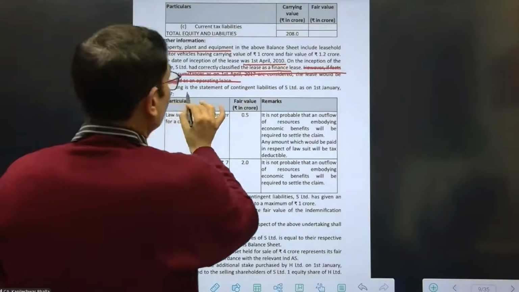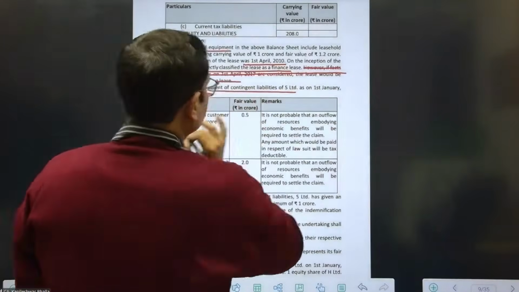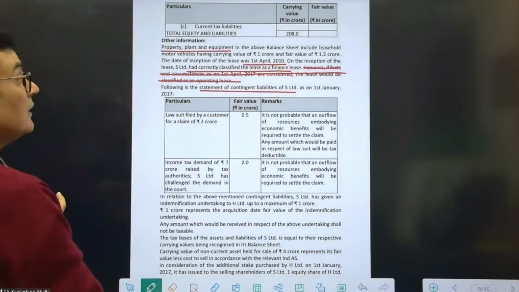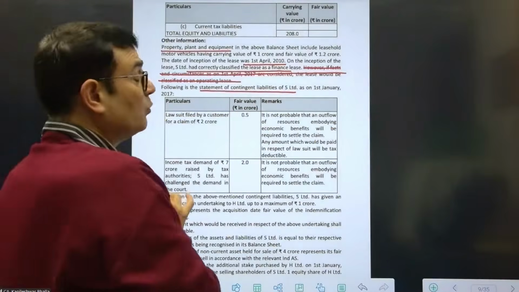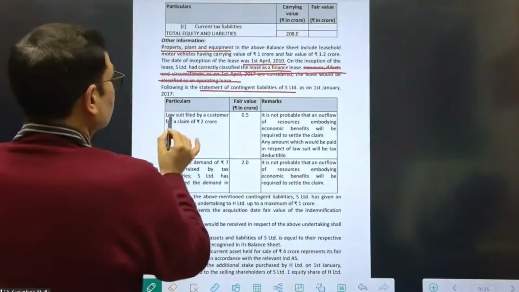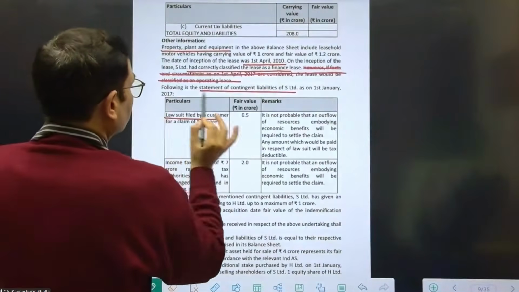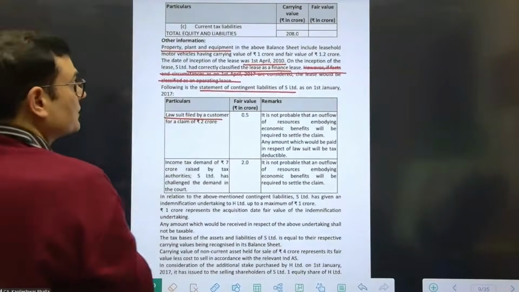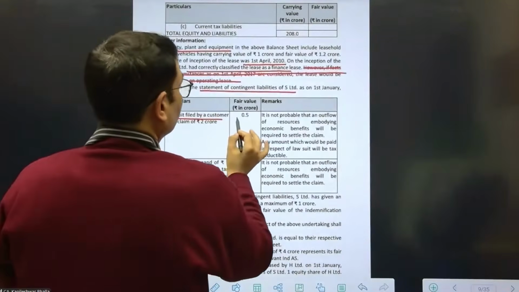The following is the statement of contingent liabilities on January 17. Now, when it says contingent liabilities, we know that if they are measurable at a fair value, we need to incorporate the fair values in step number 3B. So there is a lawsuit filed by a customer for a claim of 2 crores, but the fair value is 0.5 crores.